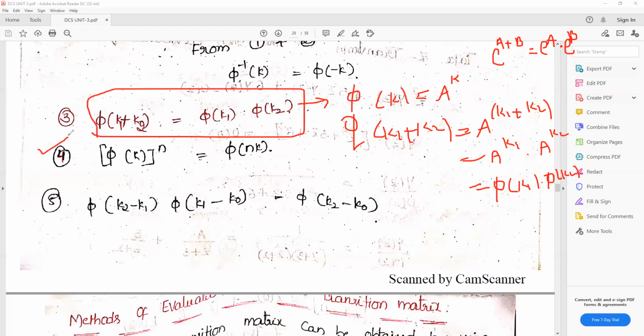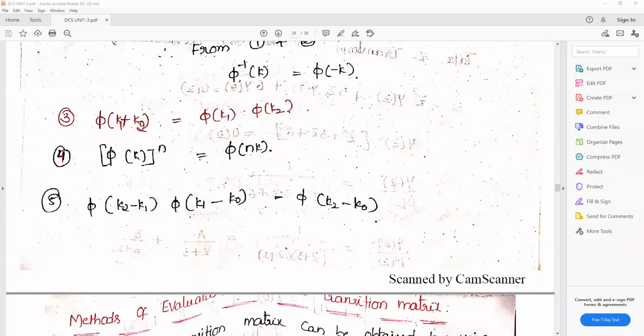And the fourth one is phi of k whole power n is equal to phi of nk.